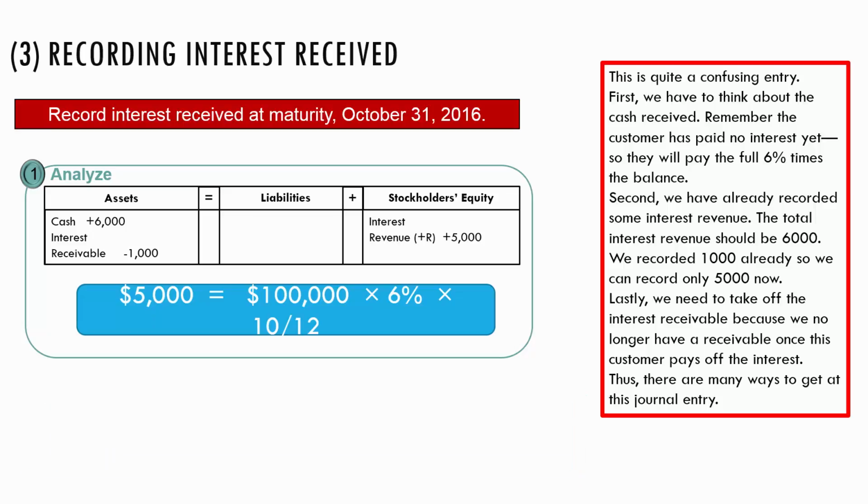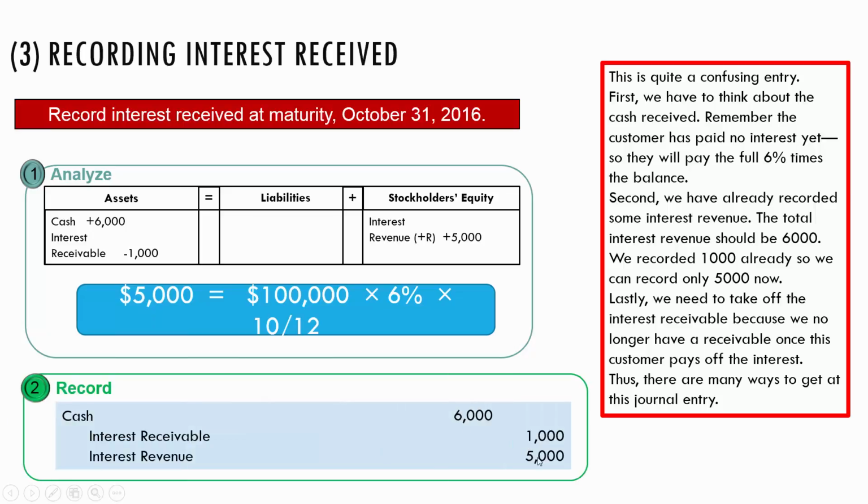Now this interest receivable in this journal entry of 1,000 that's being credited, we are crediting the thing we debited at the end of the fiscal year when we first recorded that $1,000 in interest revenue. So we are removing the balance in the interest receivable.